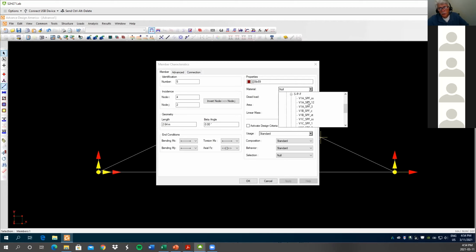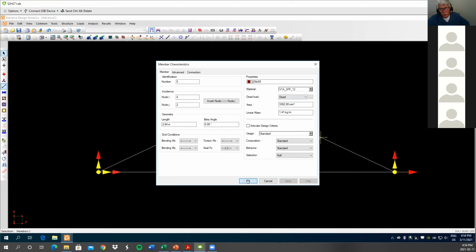This is the one you choose, and make sure it's dry. SPF number 1, number 2, that's how they say it in visual. And that's the right size, 38 by 89. Sounds good? And that's for your bottom chord, right? My web members too. Yeah, exactly. All your web members and your bottom chord are all this.